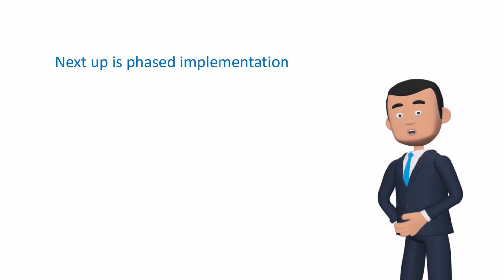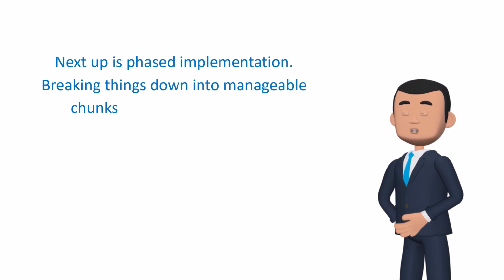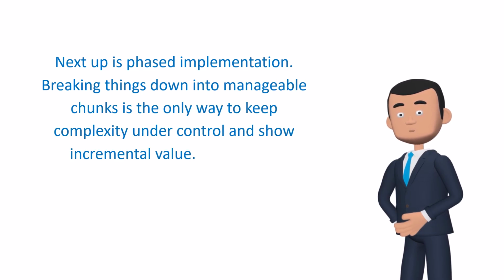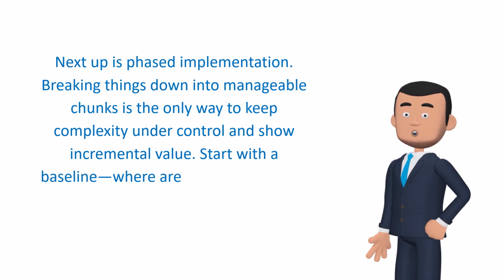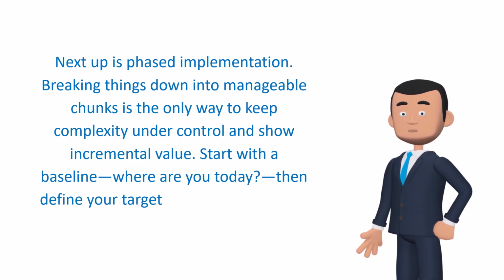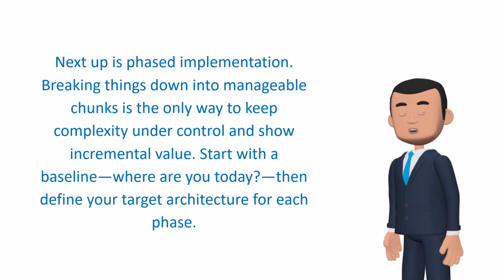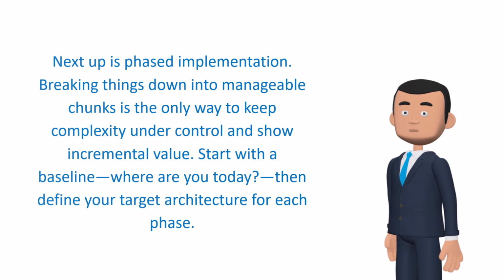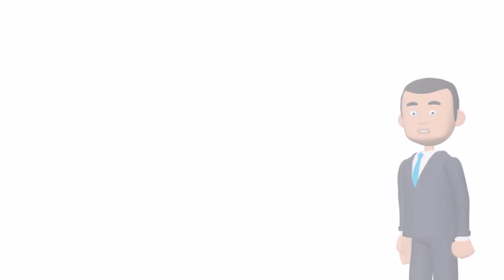Next up is phased implementation. Breaking things down into manageable chunks is the only way to keep complexity under control and show incremental value. Start with a baseline. Where are you today? Then define your target architecture for each phase.